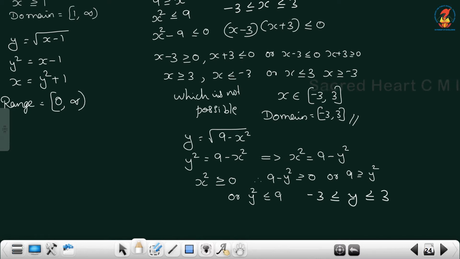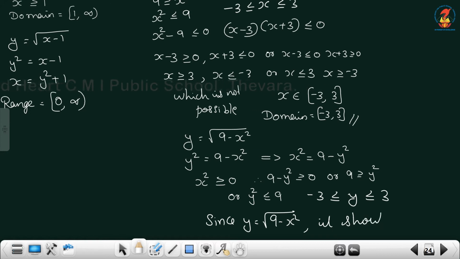But what is y? Y is the root. Root cannot be negative. Since y is equal to root of 9 minus x square, it should be greater than or equal to 0.